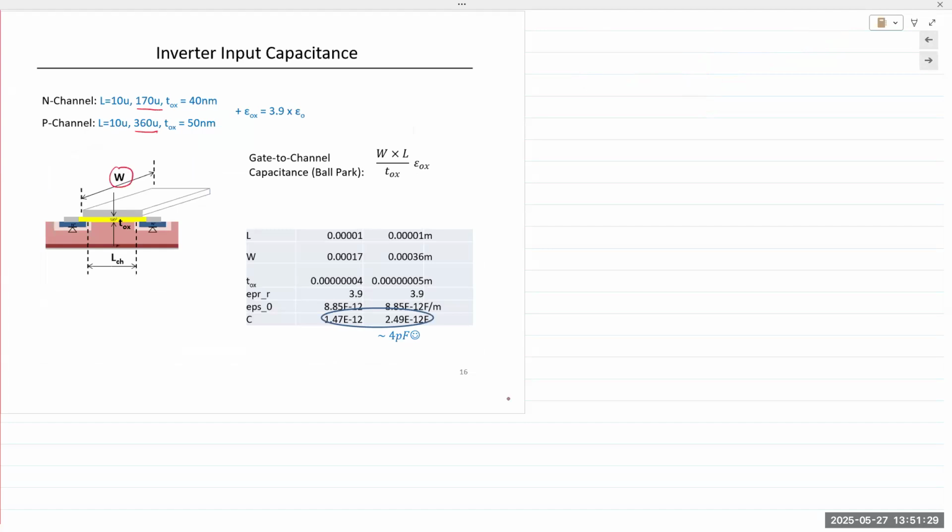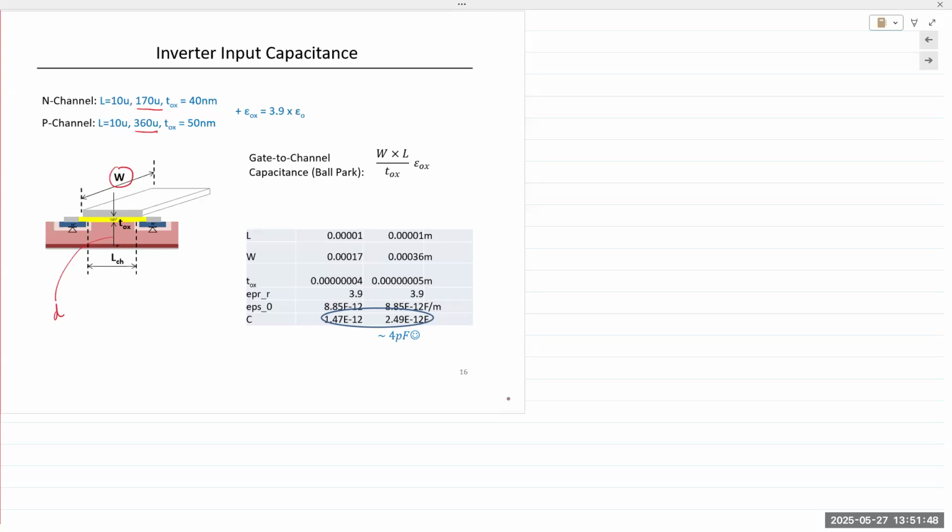And that's the channel width. This is the distance between the two plates.